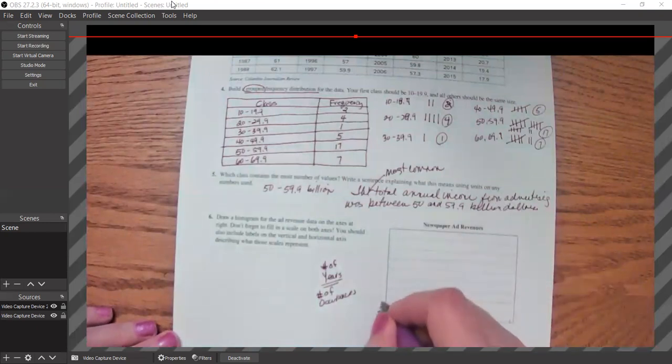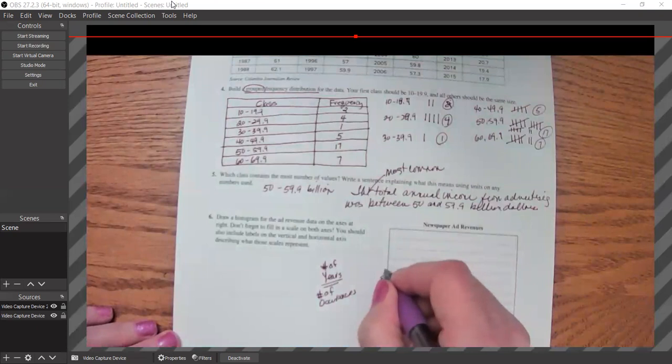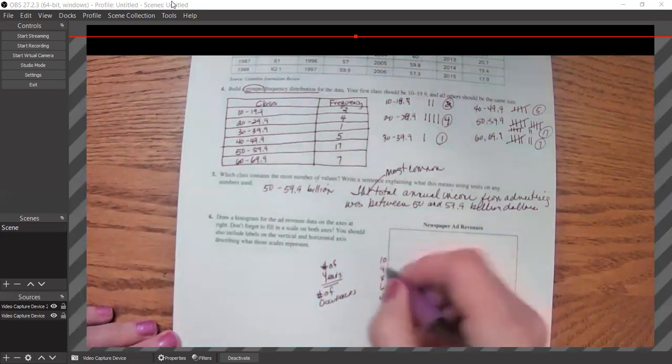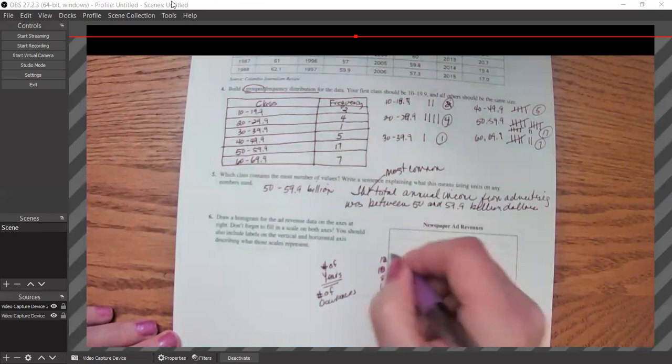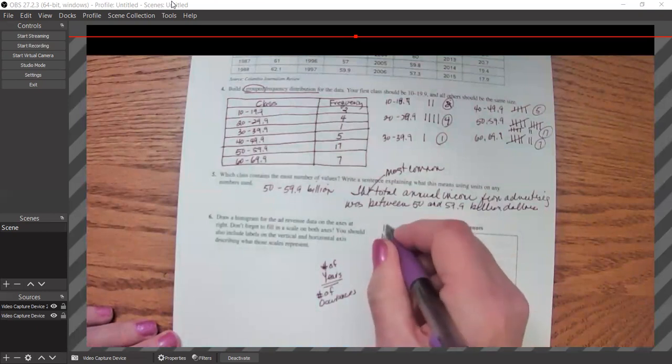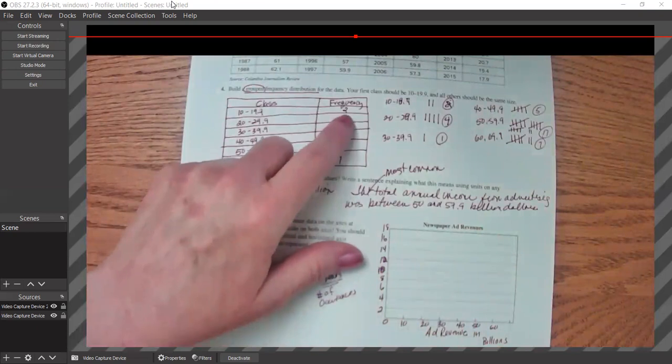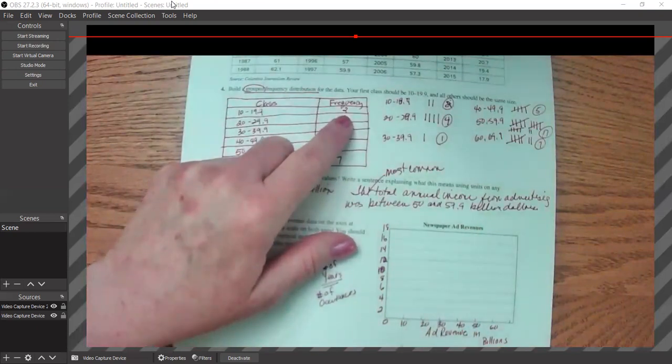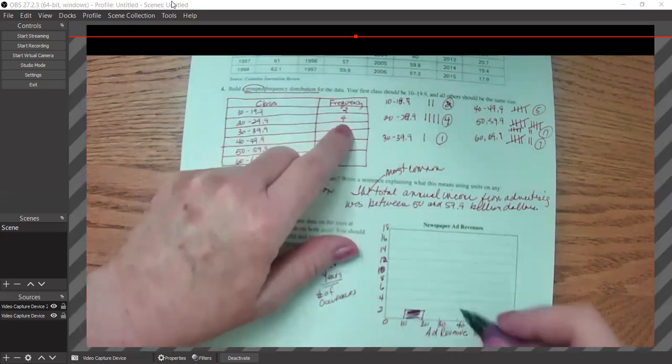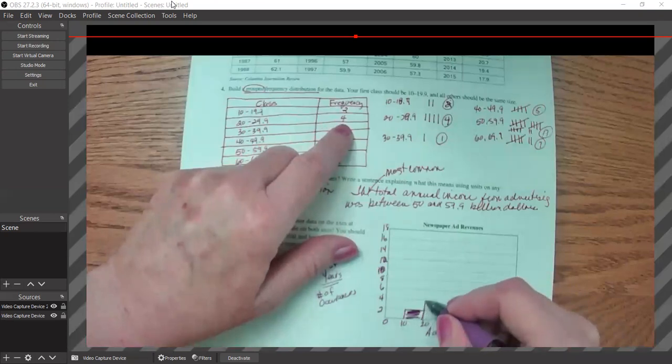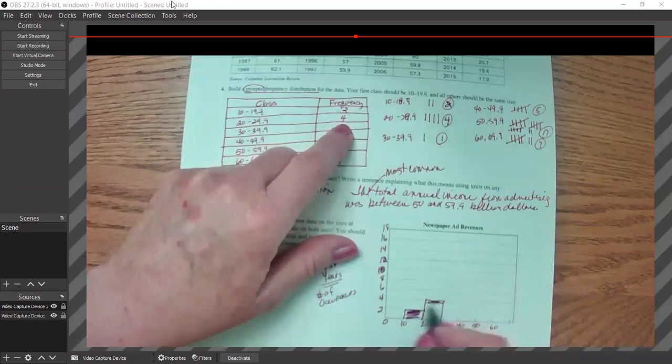Okay, so 2 occurrences happened between 10 and 19.9. 4 years were between 20 and 29.9. So this will be our bar chart.